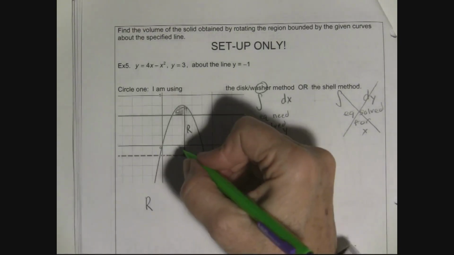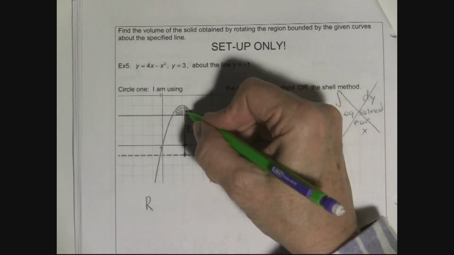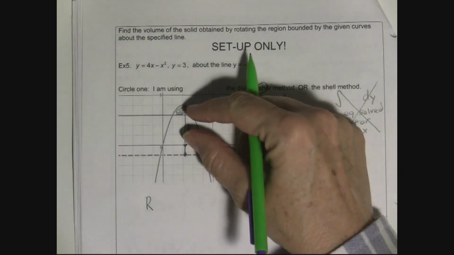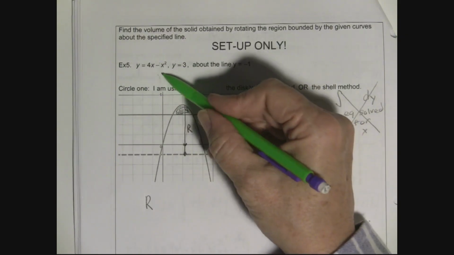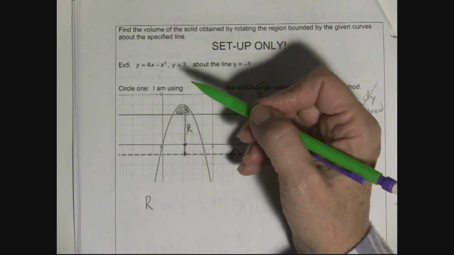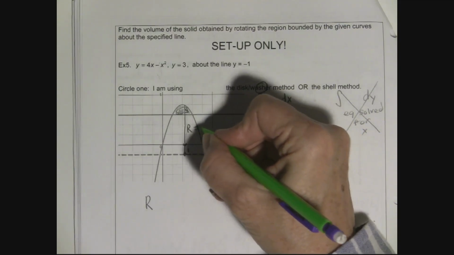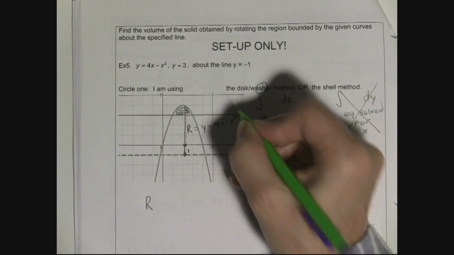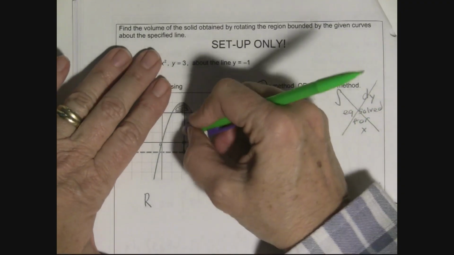Now, what I do know is that the distance from the x-axis up to your curve is that distance. That distance is called y, and y equals that far curve, which is 4x minus x squared. And this distance right here is 1. So I shouldn't have said this is equal to r.